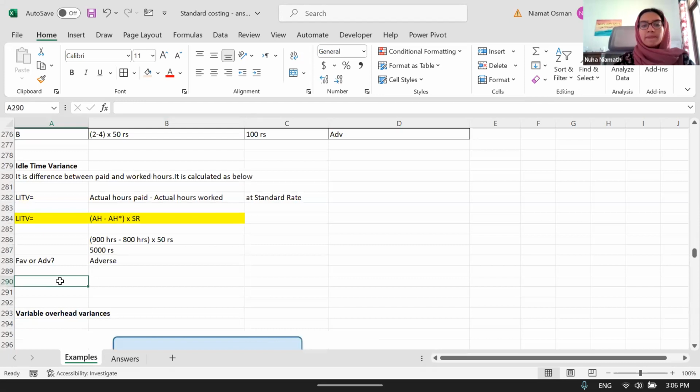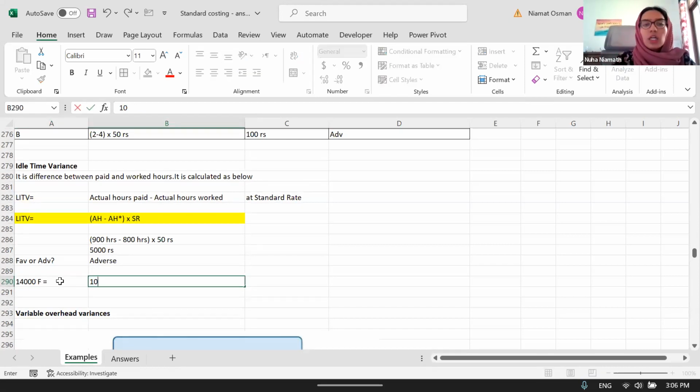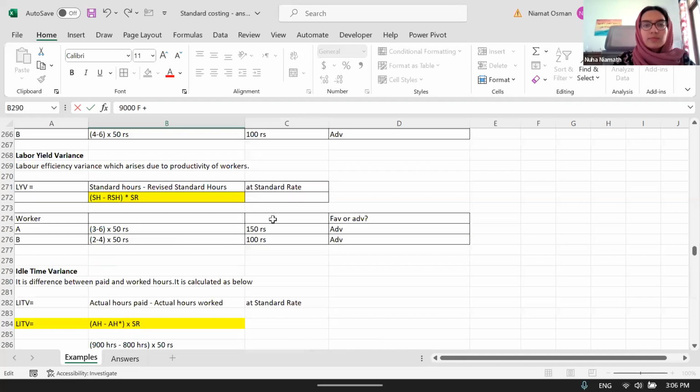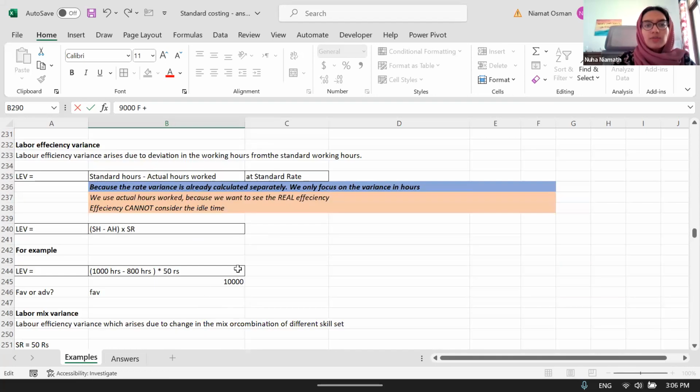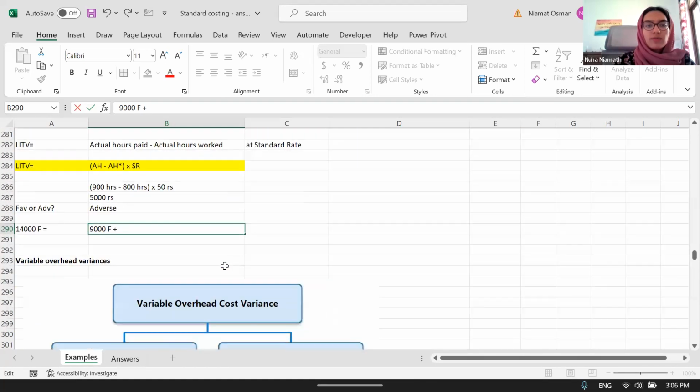So what is our total? 14,000 was favorable. This should be equal to how much? 9,000 rate variance. What is our efficiency variance? 10,000 favorable.